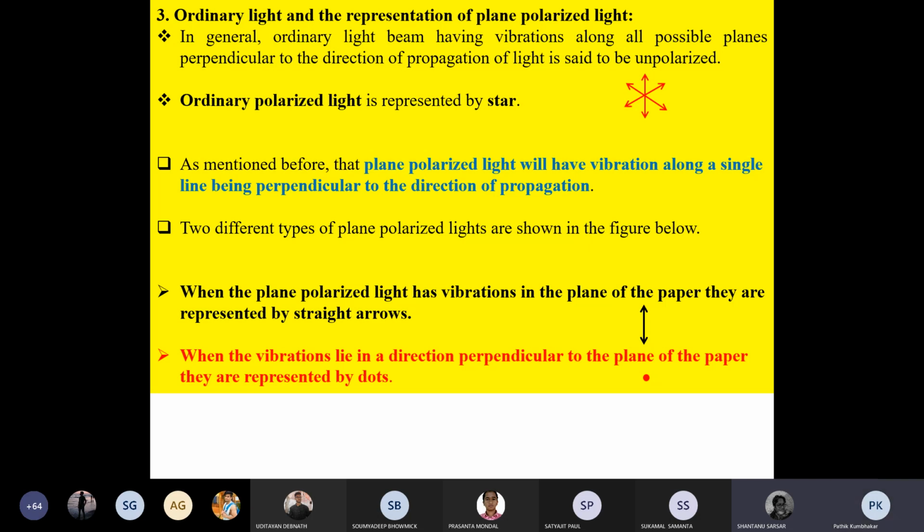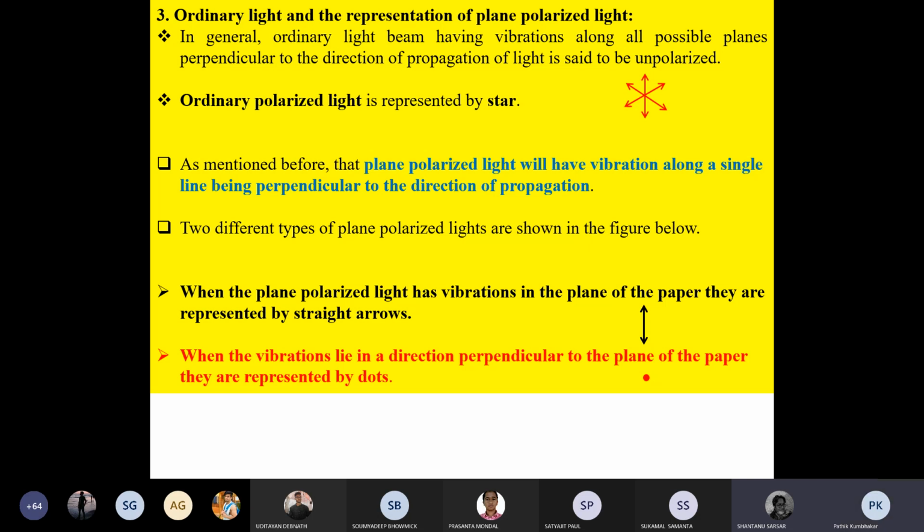Electric field can vibrate in any direction here, but please remember it has to be perpendicular to the direction of propagation. For example, if the wave is traveling from the screen towards you, then the electric field can vibrate in all possible planes of the screen in which you are seeing, either computer or mobile.